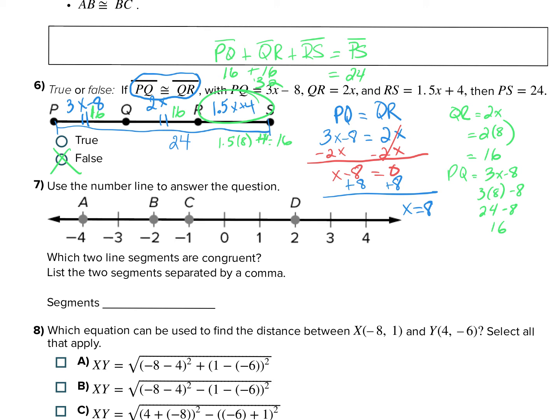For number 7, it says use the number line to answer the question. It says which two line segments are congruent. Okay, remember, congruent is the same length. So let's see. AB, that's 2 units. BC is 1 unit.